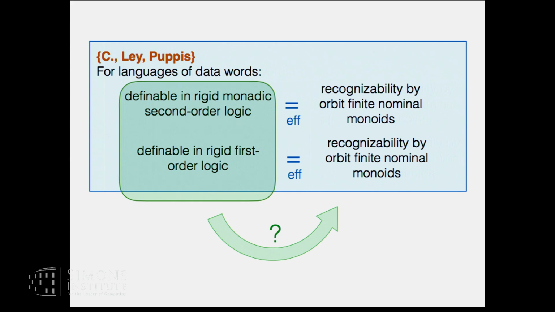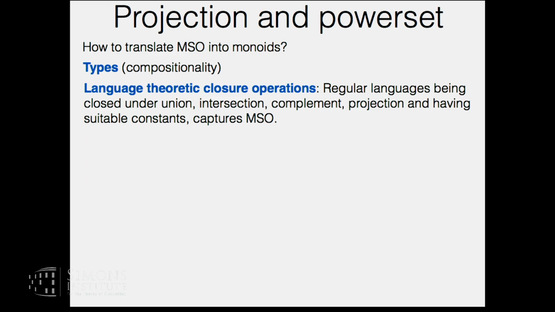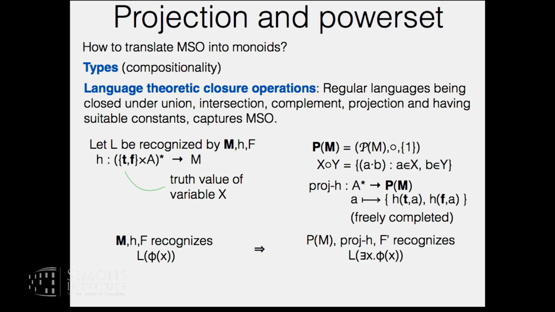Okay, so the proof goes in two directions. What do I want to say exactly in the 2 minutes that remain? This story is about saying if you want to transform monadic second order logic into a monoid, then either you use types if you are of the compositional family, or you use a closure operation if you are more used to languages, but essentially it's exactly the same in this context.